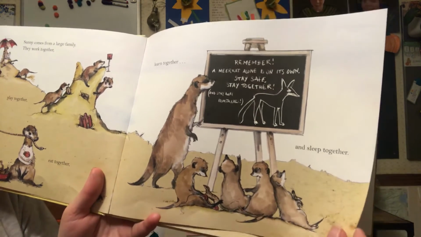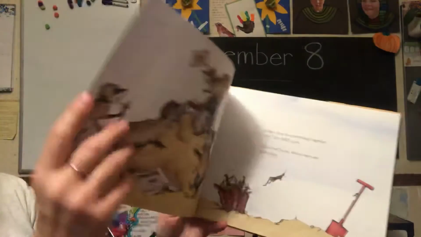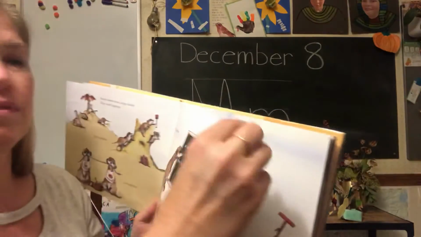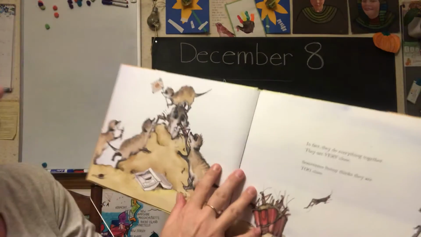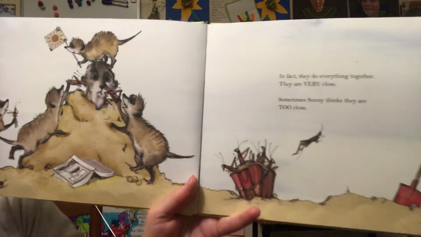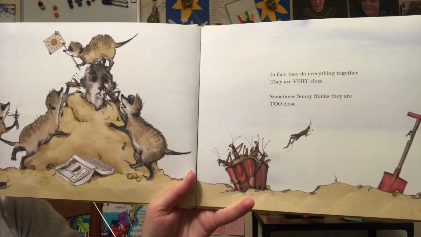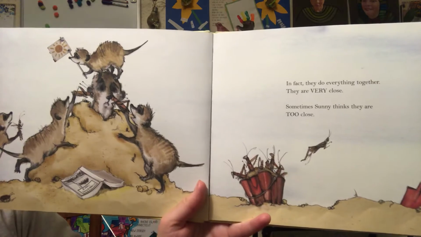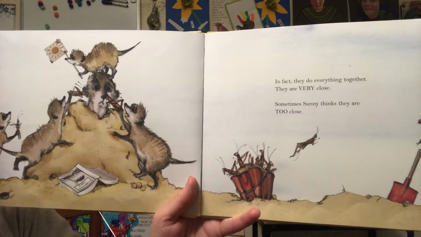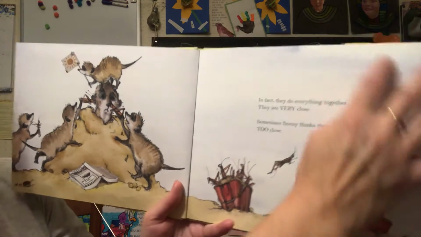They also sleep together. In fact, they do everything together. They are very close, and sometimes Sunny thinks they are too close.